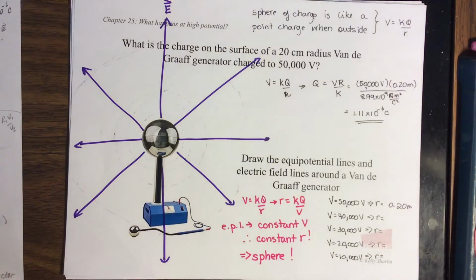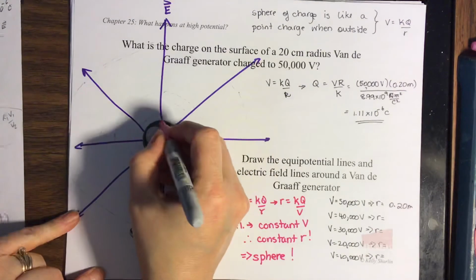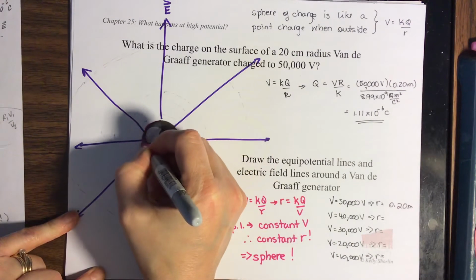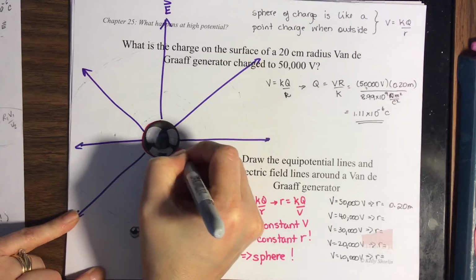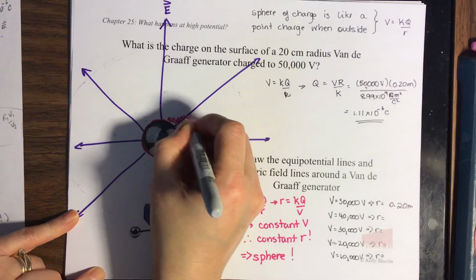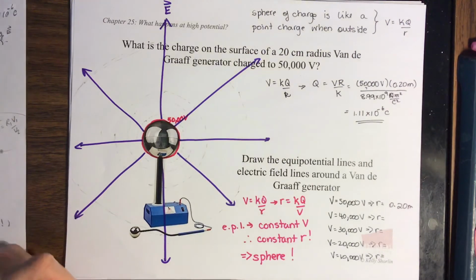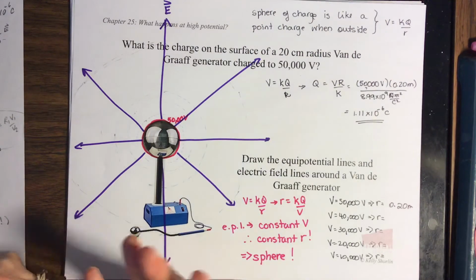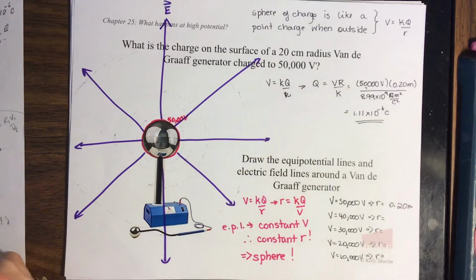So my first equipotential line will be right on the surface of our Van de Graaff. And that's a potential of 50,000 volts. Normally you should label your equipotential lines. That shouldn't be a surprise. We know that the surfaces of conductors are all equipotentials if they're at electrostatic equilibrium. That's one of the properties of a conductor.